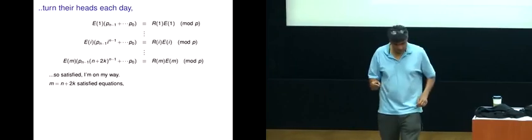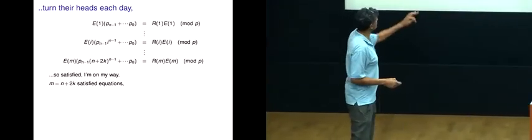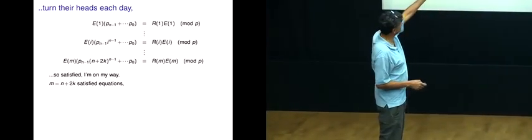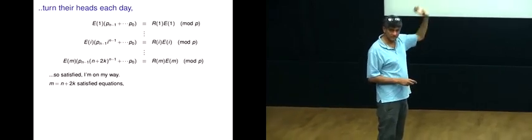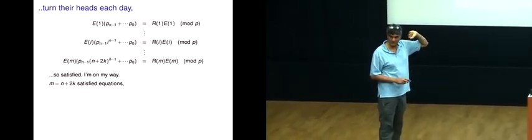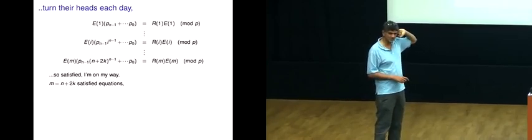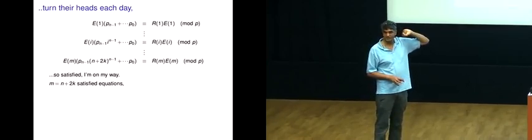Okay, so this is the equation. Again, remember these error locator polynomials have all these variables in them, right? What's the degree of the error locator polynomial?